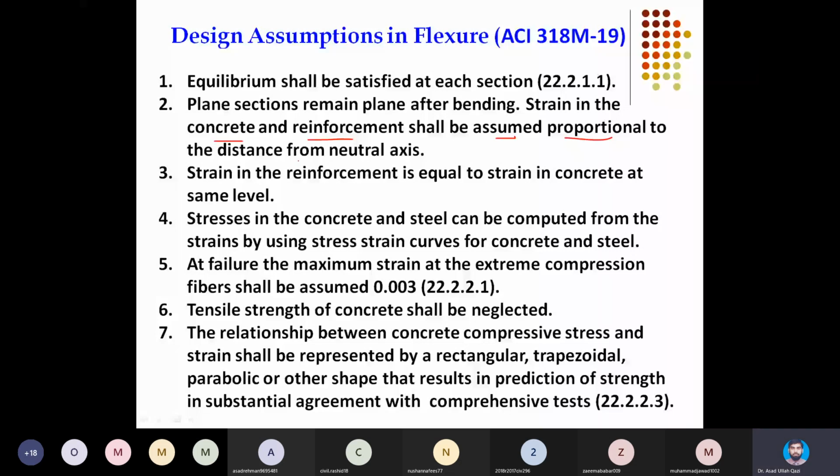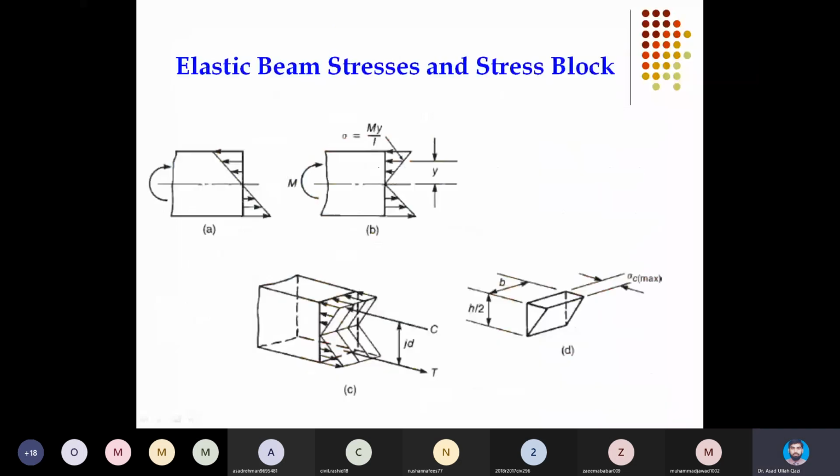This I can explain in this picture: if this was the section plane before bending, after bending it will remain plane, and with distance from the neutral axis the strains increase linearly and they are proportional to the distance from the neutral axis.